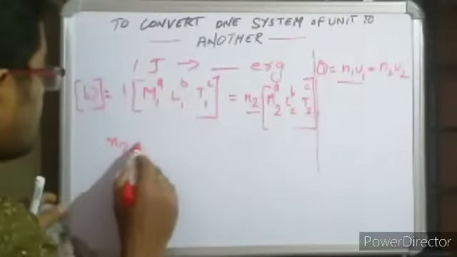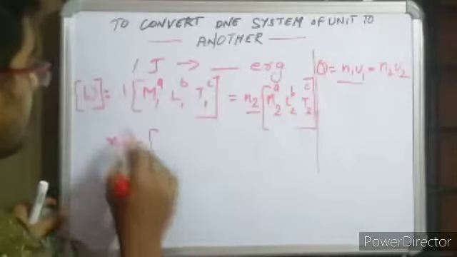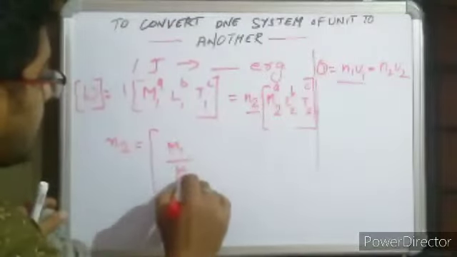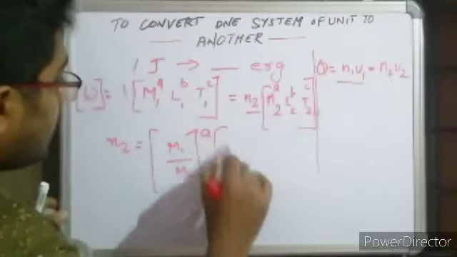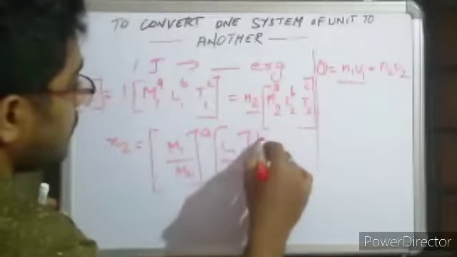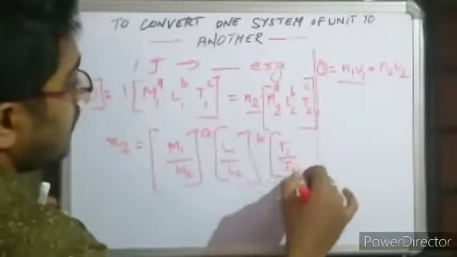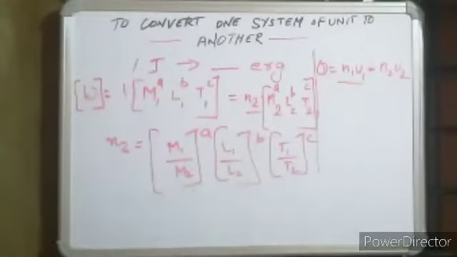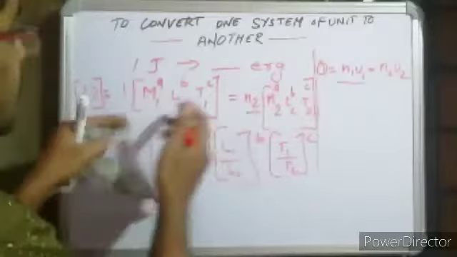N2 will be equal to 1 into (M1 divided by M2) to the power a, (L1 divided by L2) to the power b, and (T1 divided by T2) to the power c.